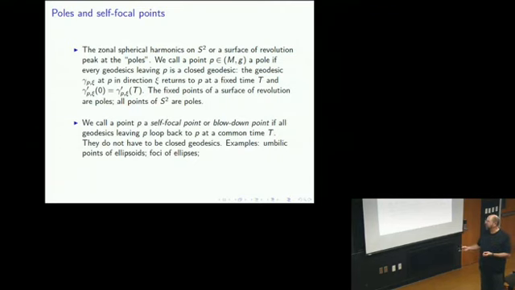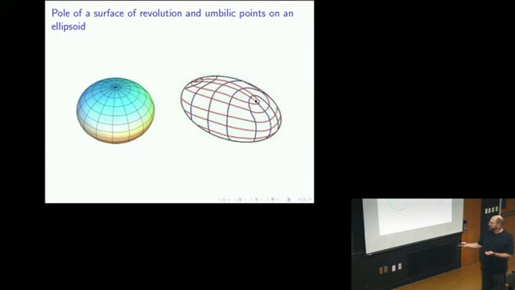So surface of revolution, standard sphere, these are examples where you have poles. You have points where all the geodesics come back smoothly closed. You may or may not know that an ellipsoid has these other type of points called umbilic points where all the geodesics loop back. So here's a picture of a surface which has a pole, and here's the surface, the ellipsoid.